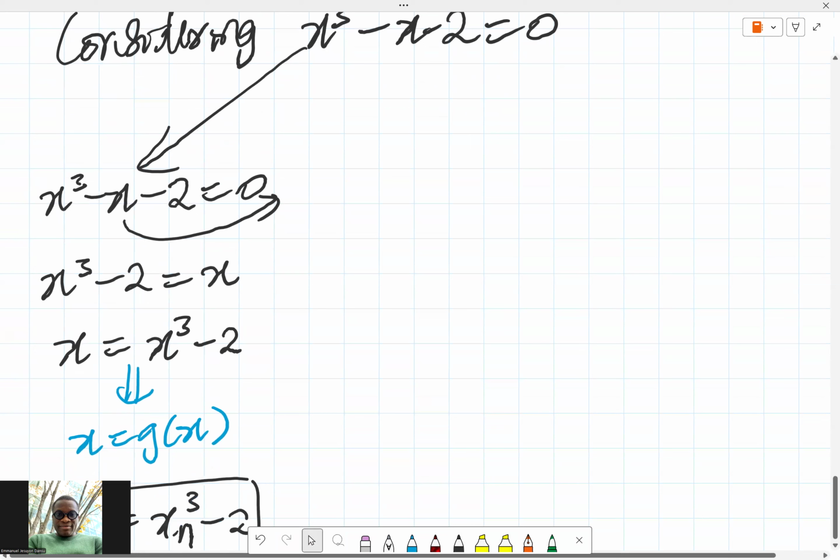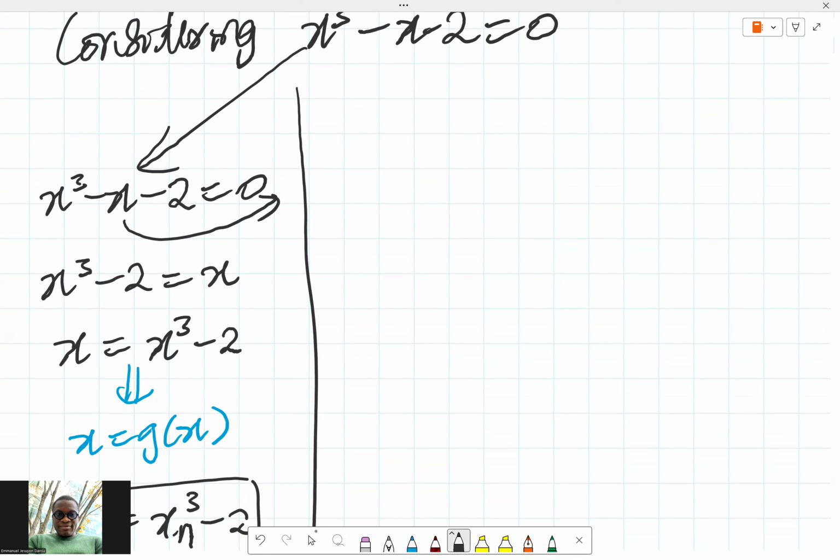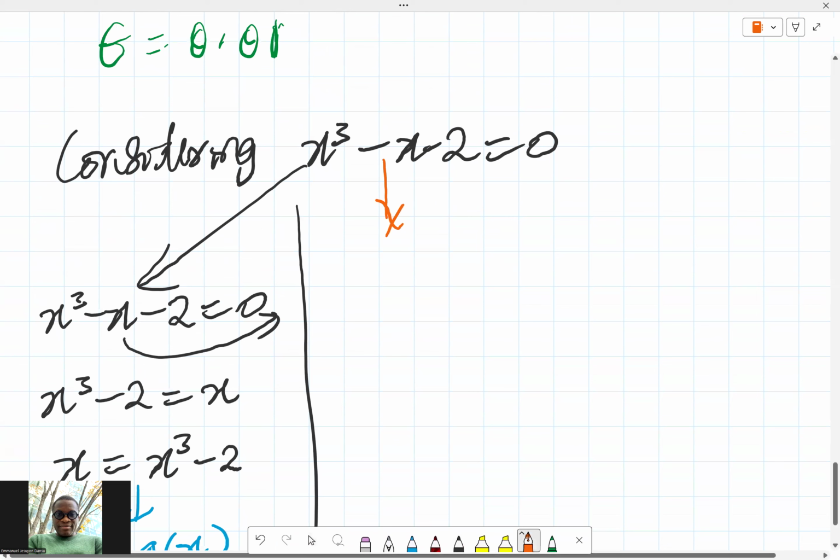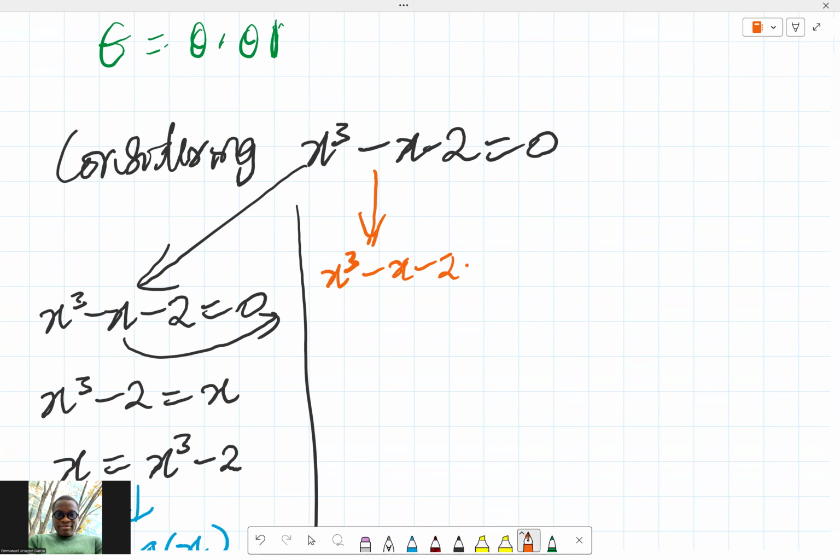Then another thing you can have is this. This same expression, you can have it as x cubed minus x minus 2 equals 0, such that you have x cubed equals x plus 2.